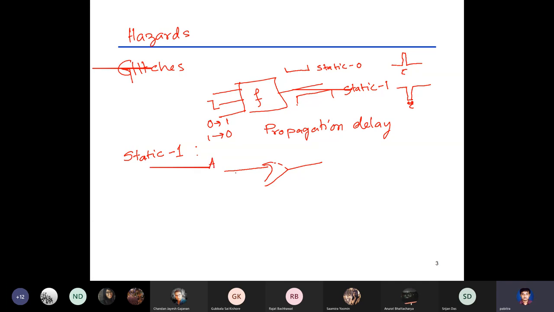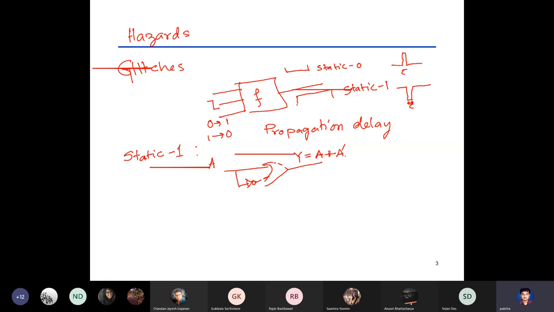Let's say this is A, and then you have a NOT gate. So the output Y is A plus A bar.